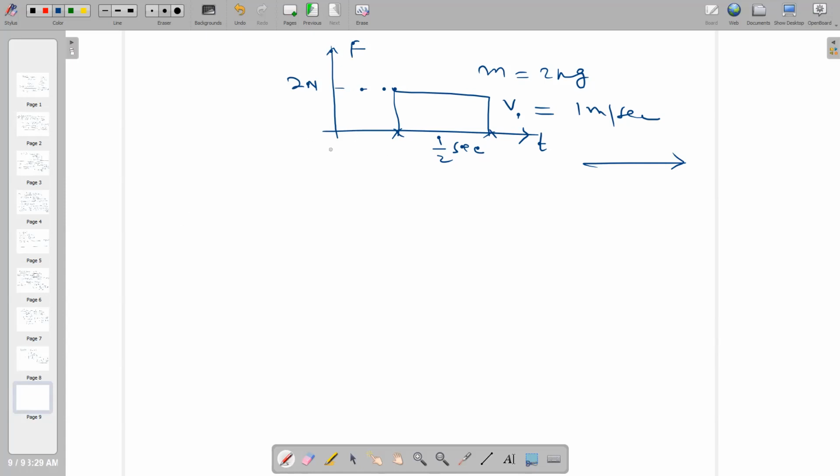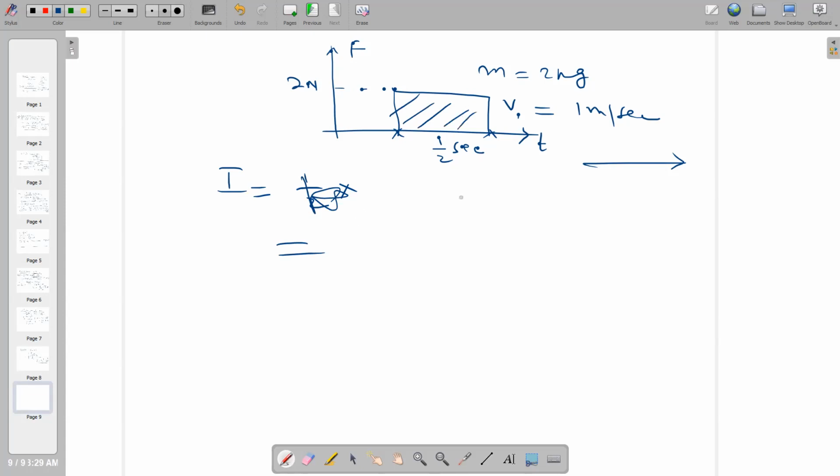To find this, first you will find the impulse. We know the impulse is the area under the graph. This is not 1/2 base; this is a rectangle.